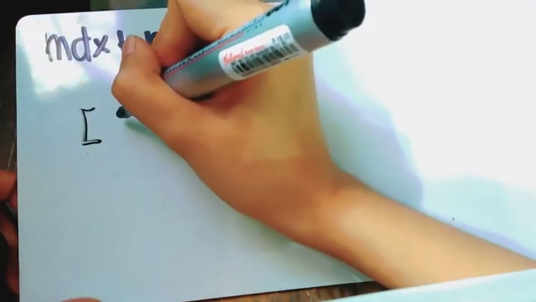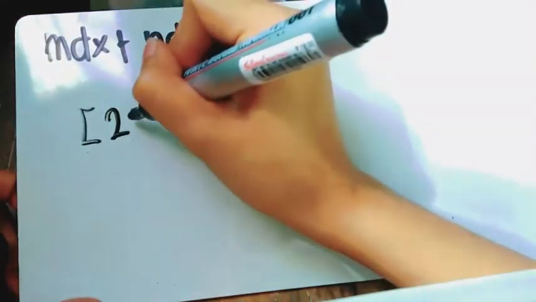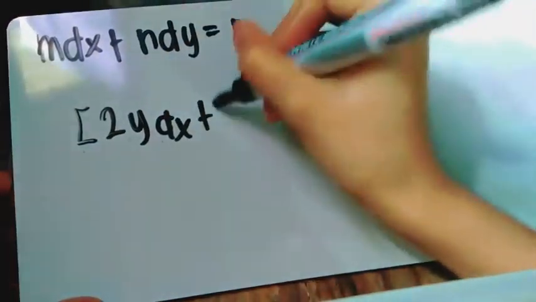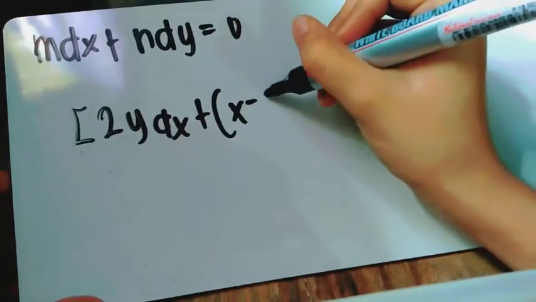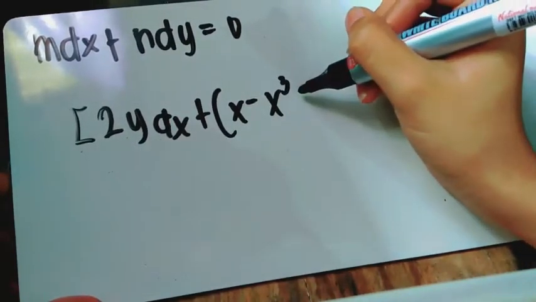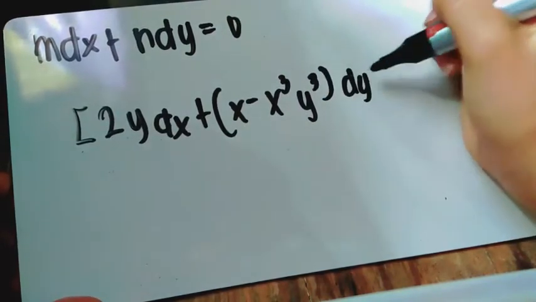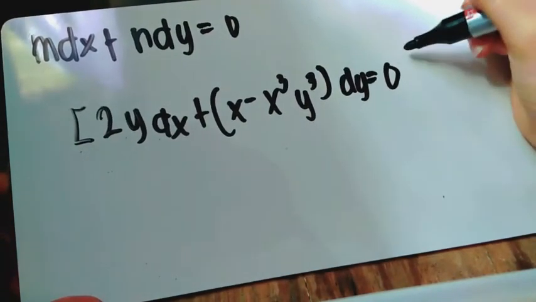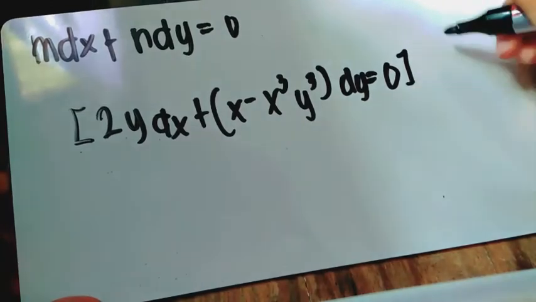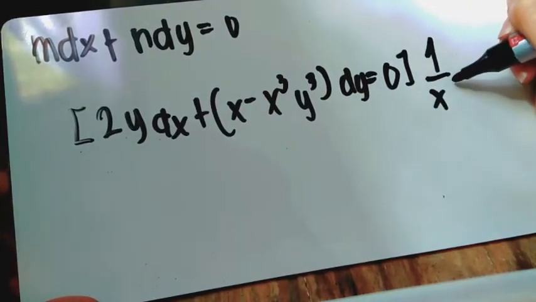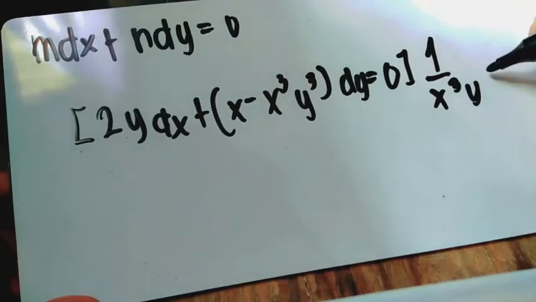Apply lang natin yung 2y dx plus x minus x cubed y cubed dy is equal to 0, multiplied by 1 over x cubed y squared.